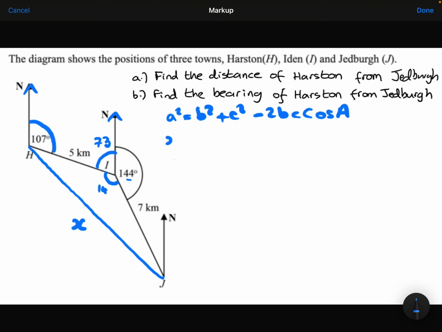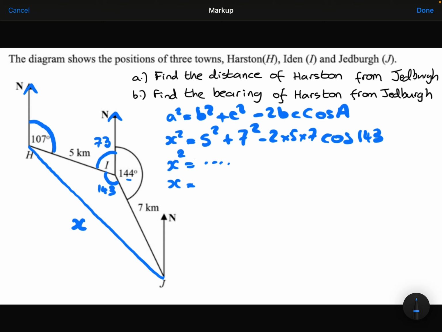So, x squared equals my b squared, which I'm going to call 5, my c squared, which is 7, times 2 times 5 times 7 times cos of my a angle, which was 143. I'll type that into my calculator, and then I will square root what I get.